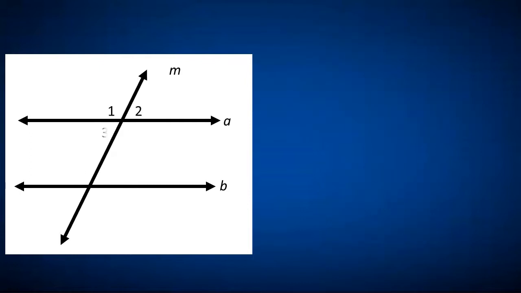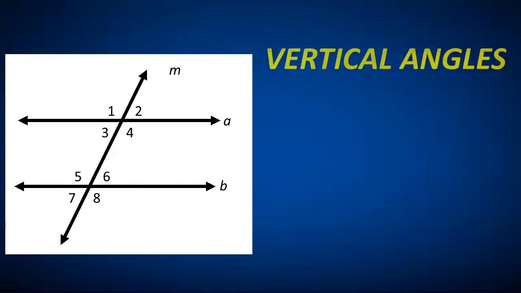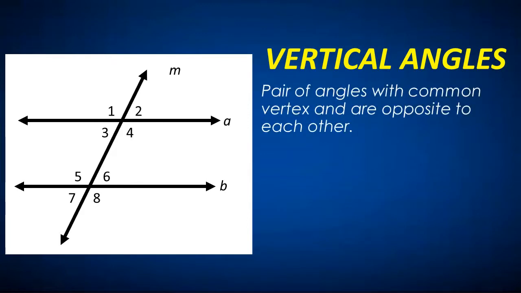Next, let us proceed with vertical angles. Pag sinabi nating vertical angles, these are pair of angles with common vertex and are opposite to each other. So, dito sa vertical angles, makukuha natin siya kahit sa two lines or intersecting lines lang.